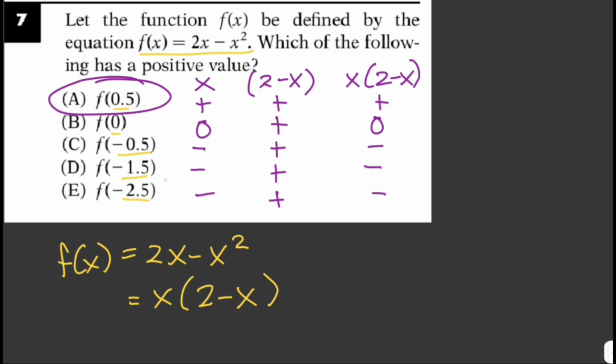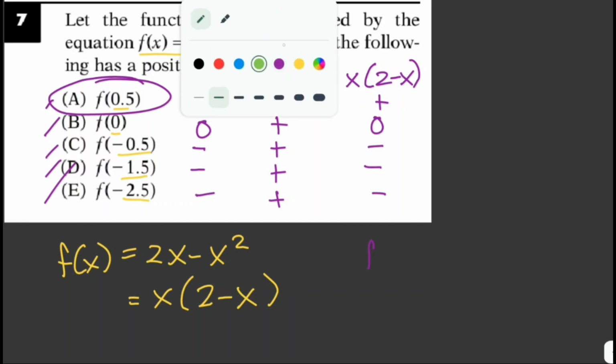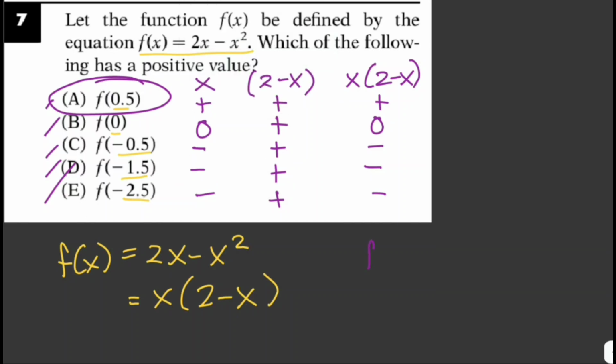You can check it one by one. You can substitute all the values here to check. Say for example, because I didn't put the solution here, f of x equals 2x minus x squared.